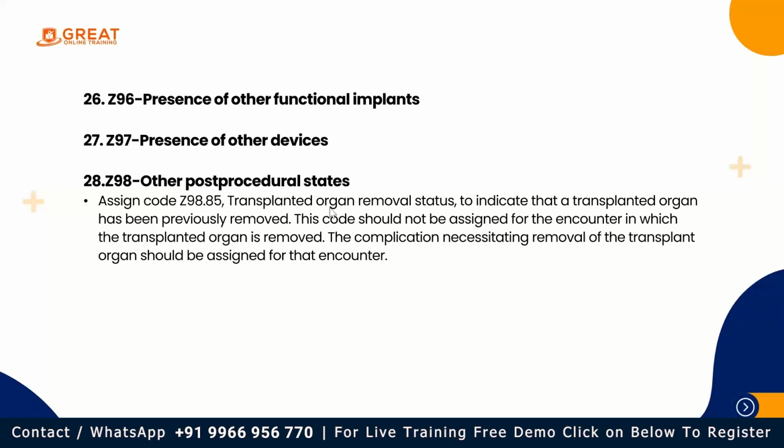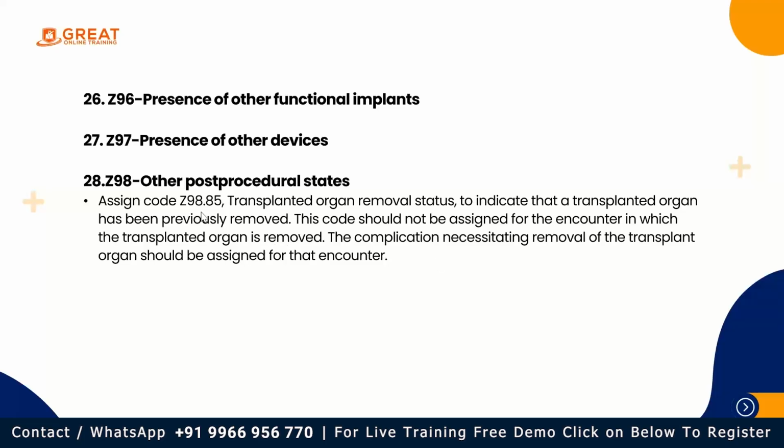Z98.85 is for transplanted organ removal status to indicate that a transplanted organ has been previously removed. This code should not be assigned for the encounter in which the transplanted organ is removed. So we should not use the Z98.85 code for the encounter in which the transplanted organ is removed.